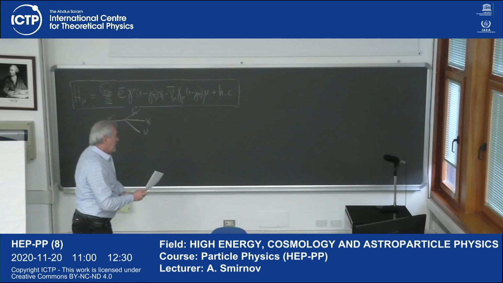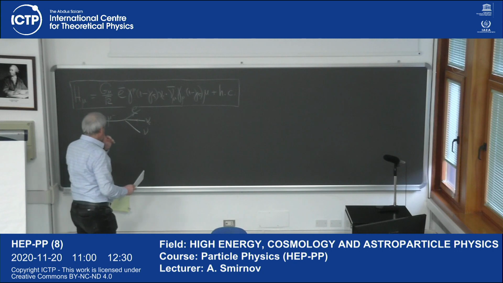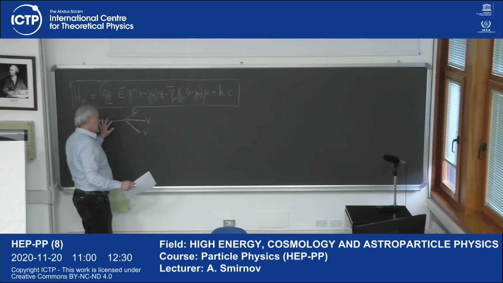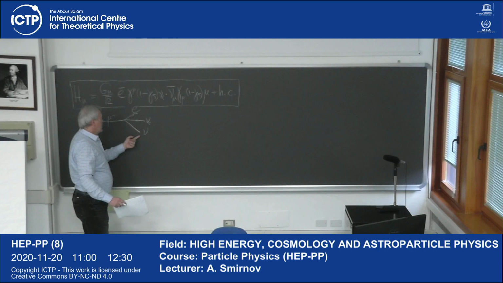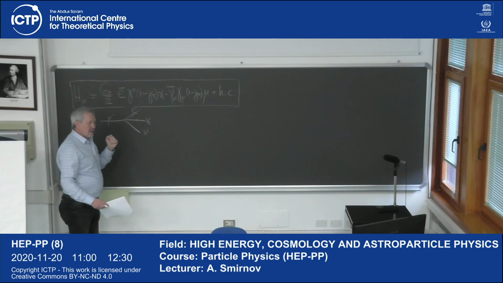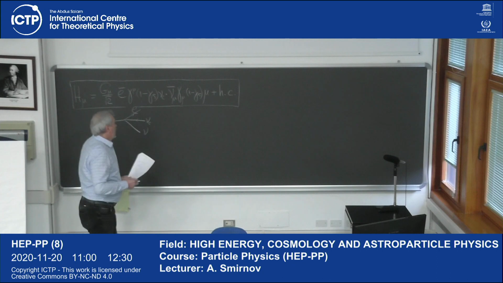At the end of the last lecture, we started to discuss muon decay. The new particle discovered in 1936 decays into an electron and two neutrinos, and this is needed to explain the continuous spectrum of electrons observed from this decay, very similar to what we had in the case of beta decay.